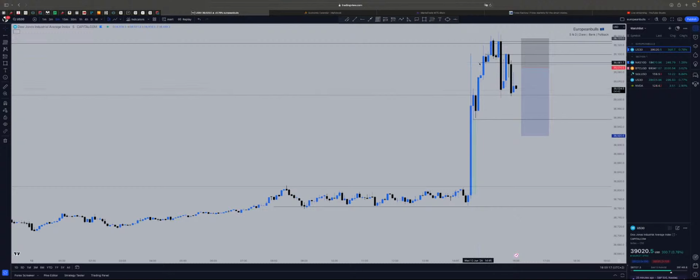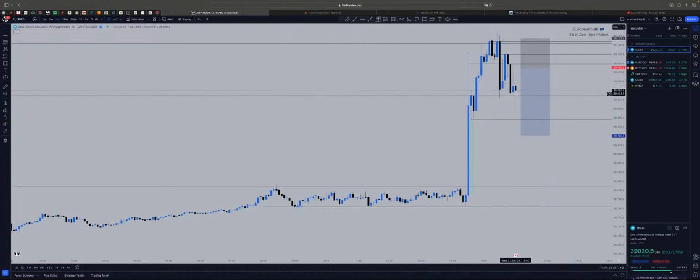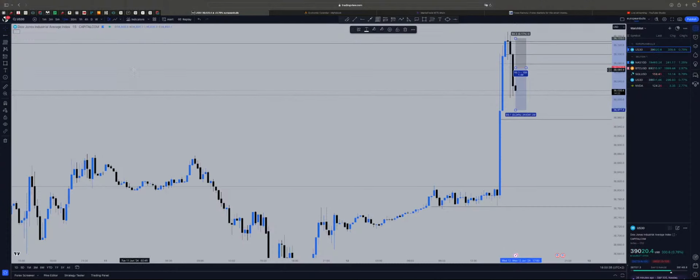So we still have a chance. I'd like to see something in this area.